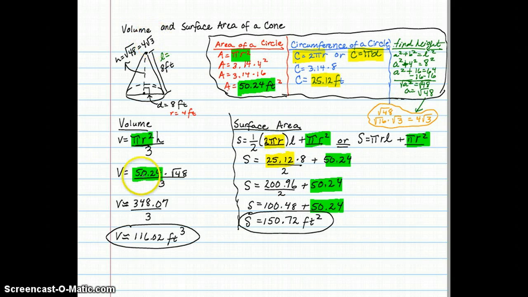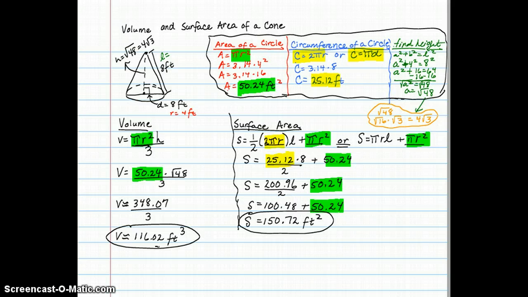Okay, so then we take the area of the circle times the height, which is the square root of 48. Divide that by 3, because remember, a cone is 1/3 the size of a cylinder with the same base and height. So you divide that by 3, and you get 50.24 times the square root of 48 is 348.07, divided by 3 is 116.02 feet cubed.